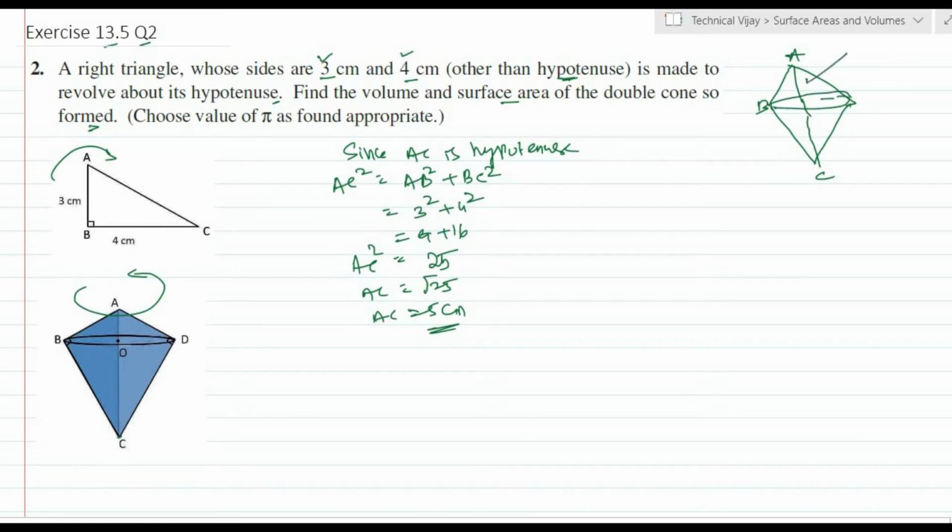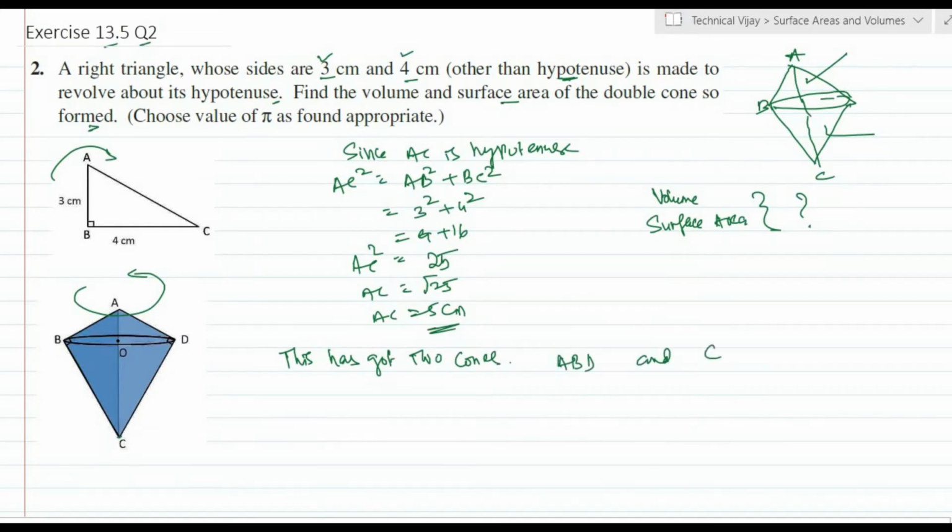The upper portion is one cone, and the lower portion is another cone. The volume and surface area both we have to find out. So it has got two cones, and they are ABD and CBD.